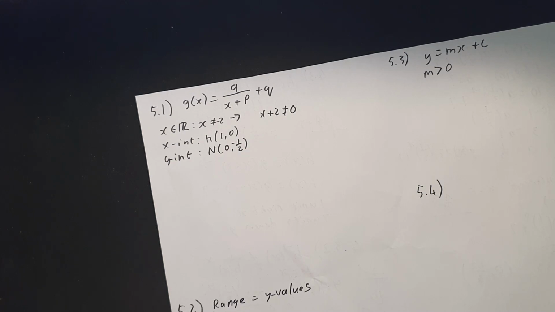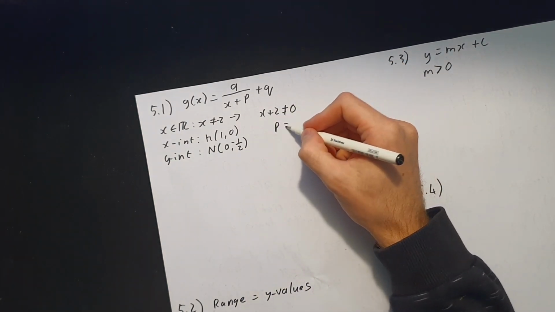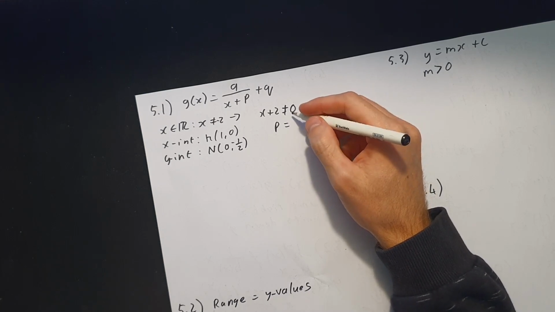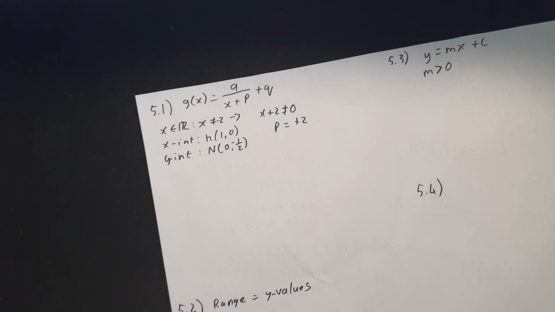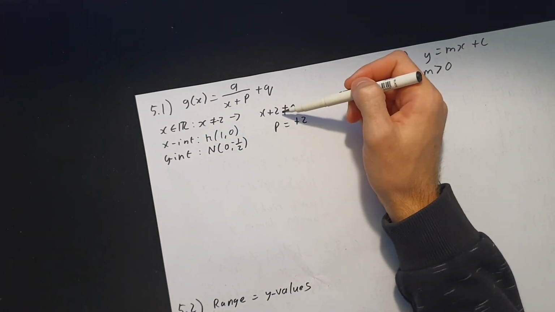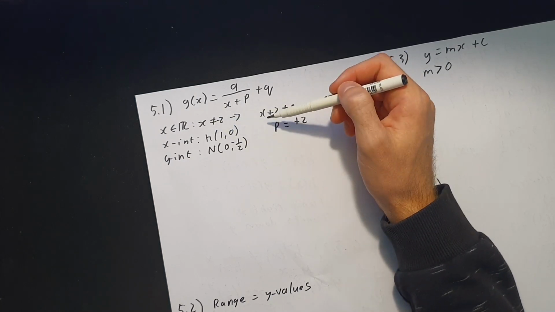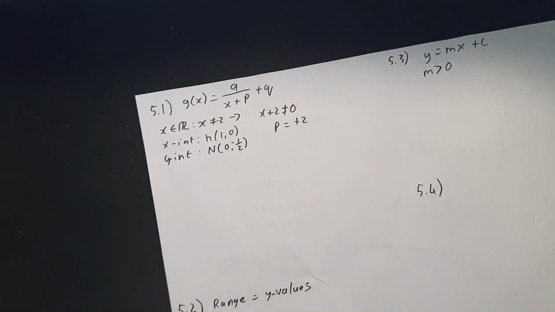So the first thing we have found is the p-value, which is equal to plus 2. That's quite easy. Remember, x not equaling negative 2 indicates our vertical asymptote, because that x value may not exist.